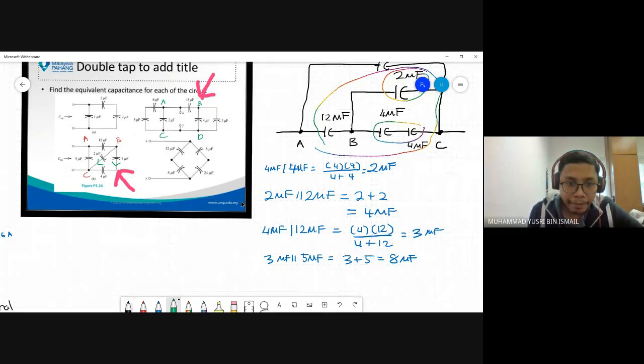First sekali kita draw a straight line. Mula dengan A. Okay, A ke B.